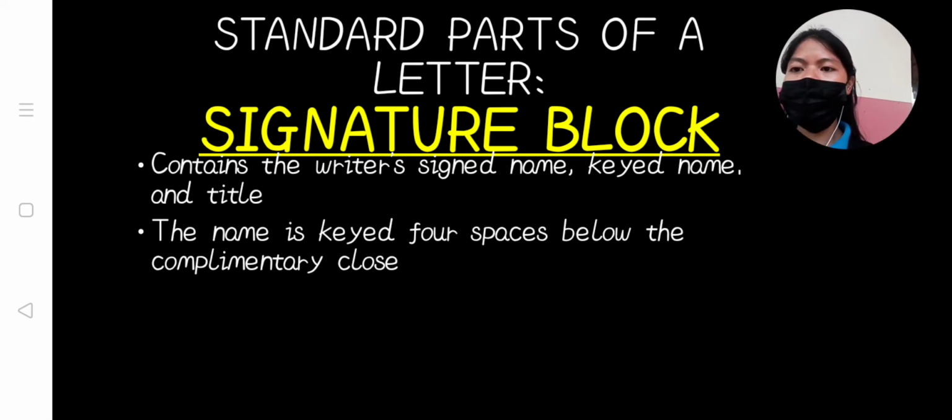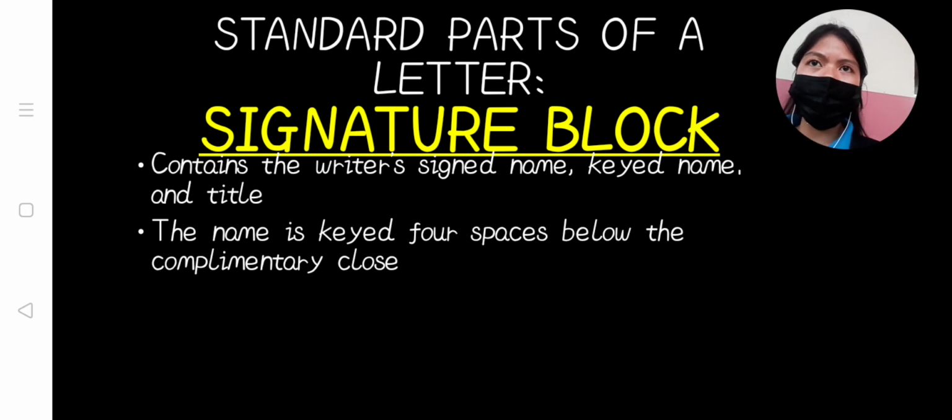The name is keyed 4 spaces below the complementary clause. Take note, this is referring to the typed name, not the signature. Because the 4 spaces after the complementary clause is intended for the signature.